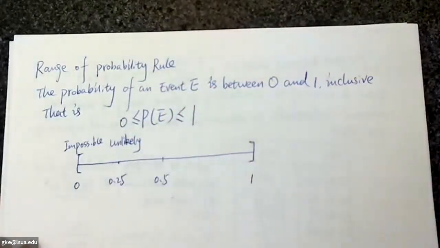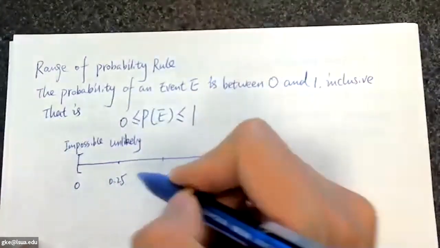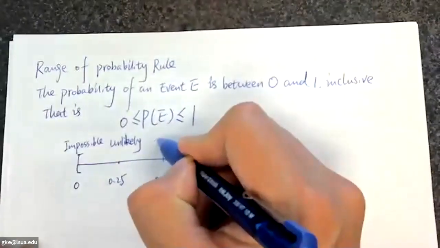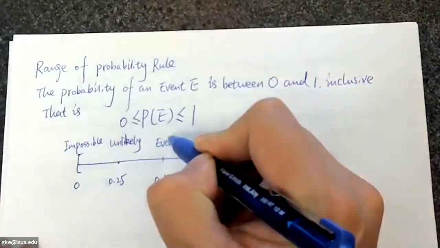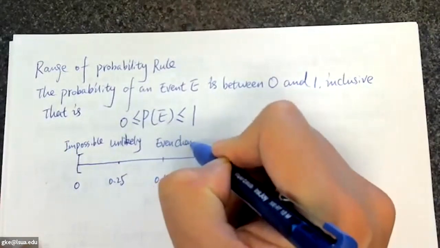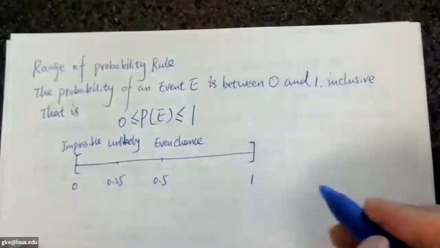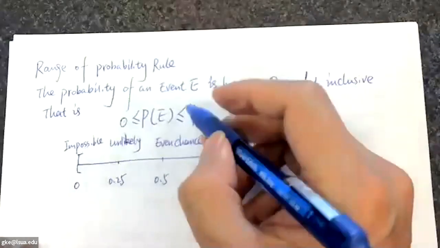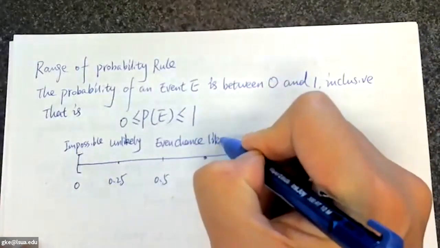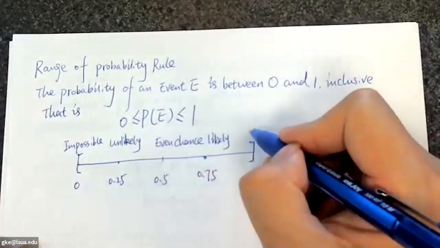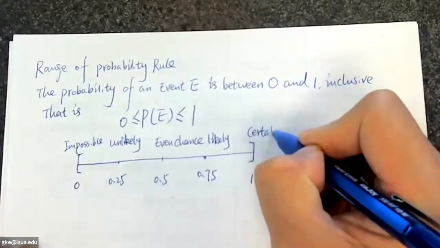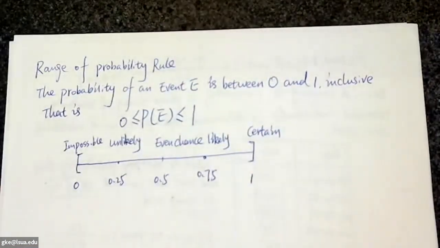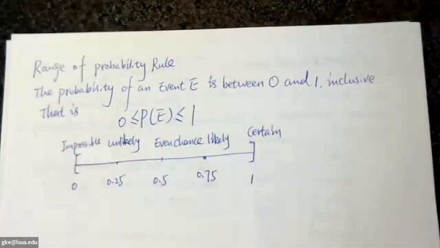If probability is 0.5, that means we have even chance. If probability is 0.75, that is likely. And if probability is 1, that means that event definitely happens.